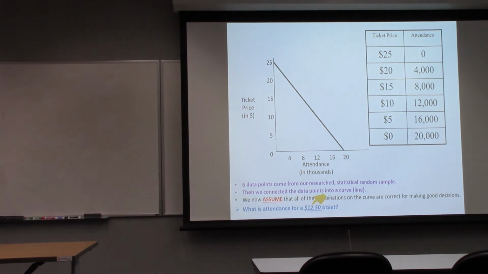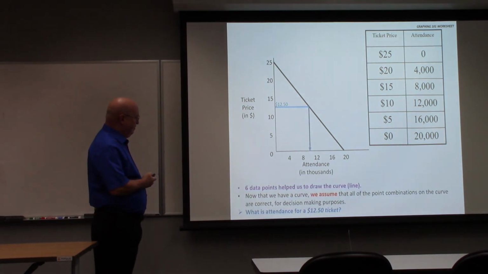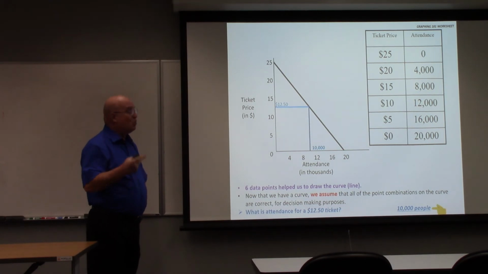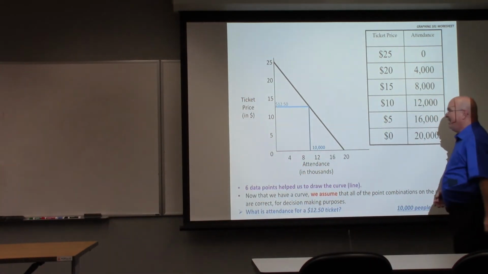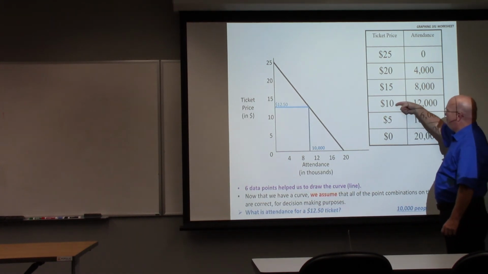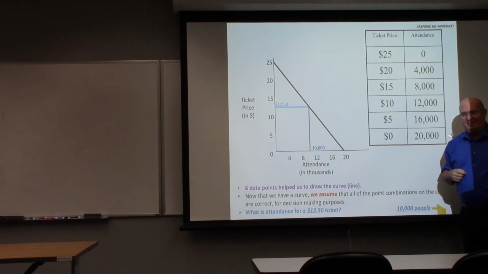Now, some of you should have found $12.50 here and then gone straight down and figured out that that was 10,000 people. Or you could have said, well, wait a minute, it's a straight line. $12.50 is halfway between 10 and 15, and 10 is halfway between 12 and 8.